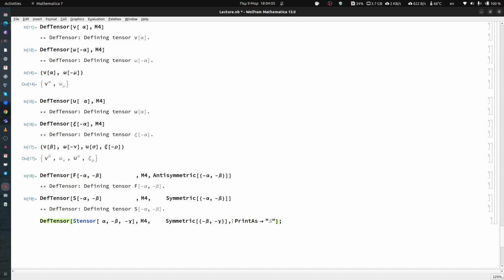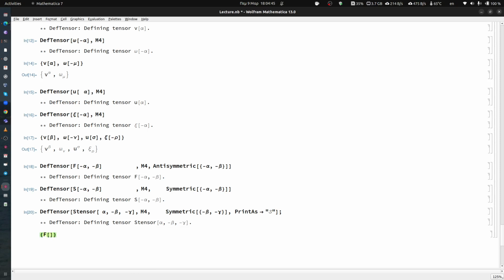And look here, I put an option that directs exactly how to print this tensor, what its output form is. So this is a script S. You can form it like this: escape, SC, capital S, and then escape again.